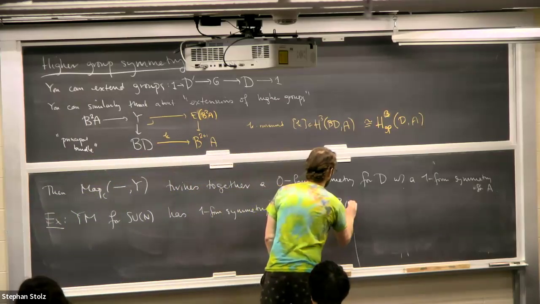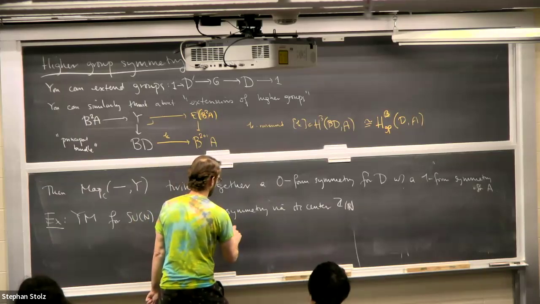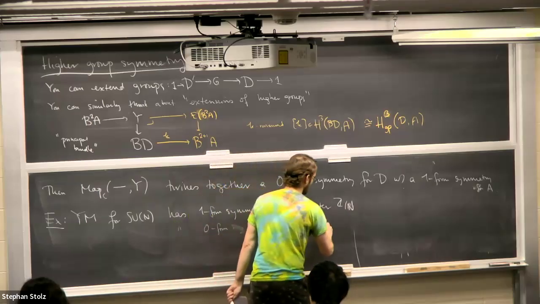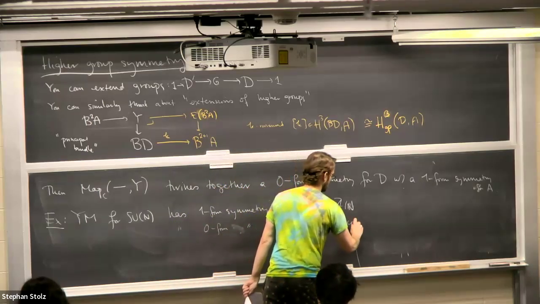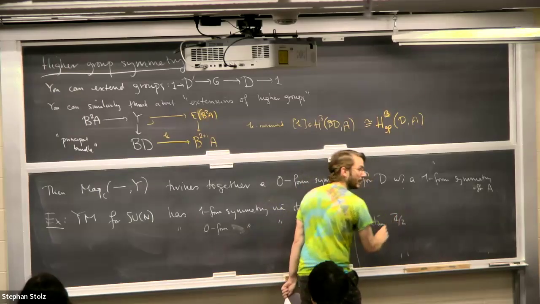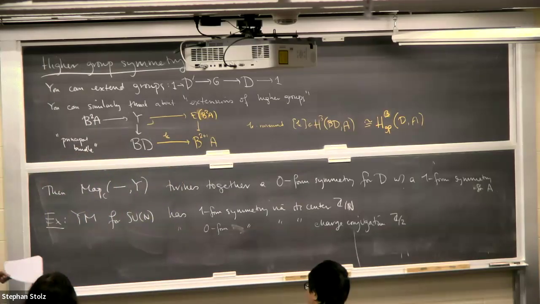That should be a big N. And a 0 form symmetry, charge conjugation, a Z mod 2 there. And they're actually twisted together in some interesting way.